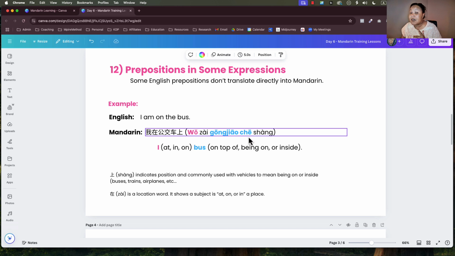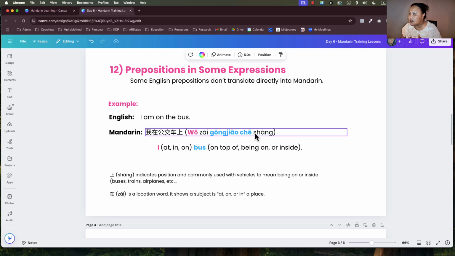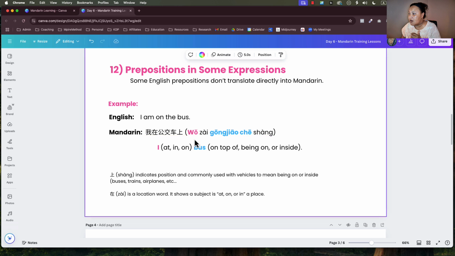And I know cheng is chung, so that one doesn't have the ng at the end. So it's probably just ch. And it's a first tone. So it's going across, ch. So wo zai. Because I know ai is I. Zai. So wo zai.